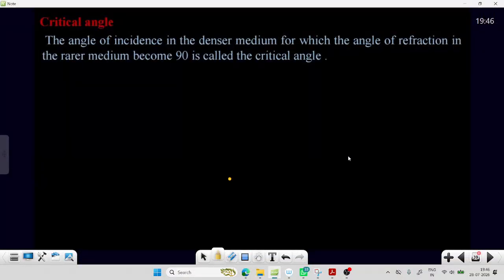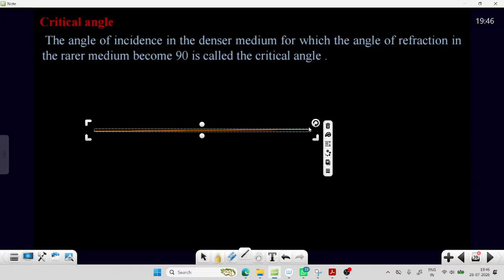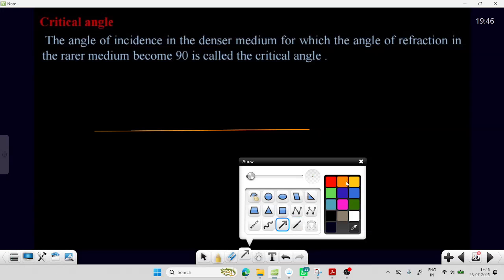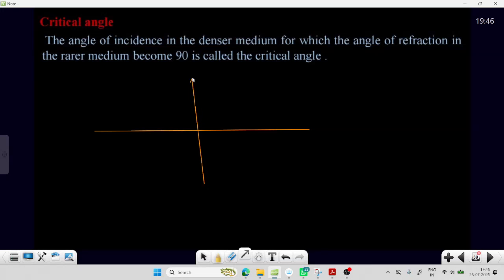Next one, critical angle. Let us consider this is a junction for the two mediums, and this is the normal.